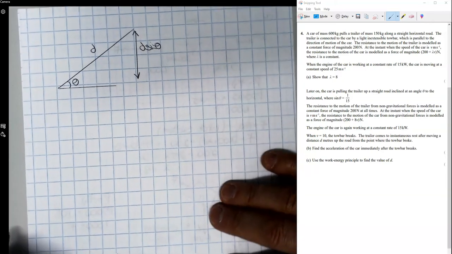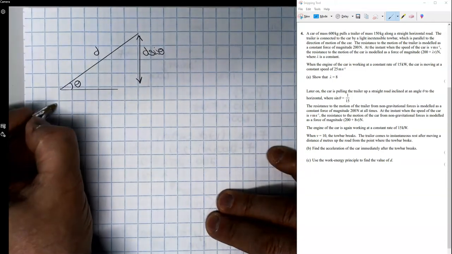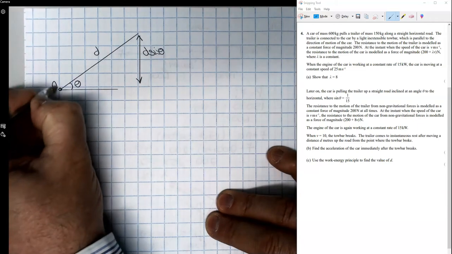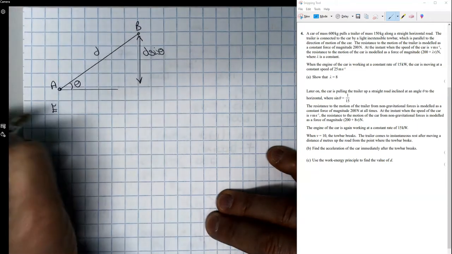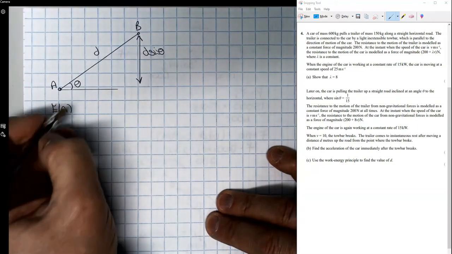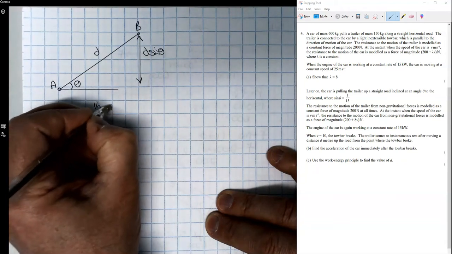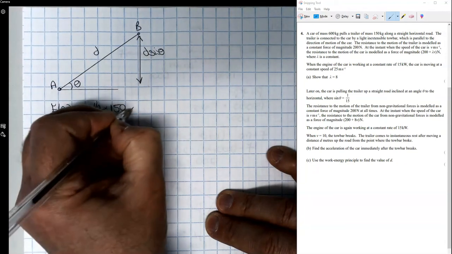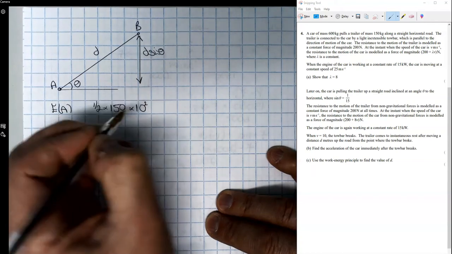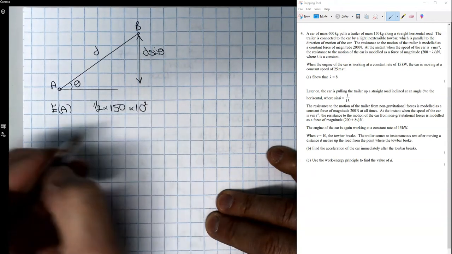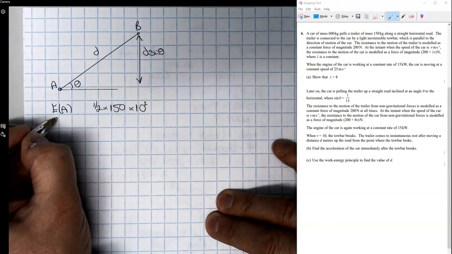So energy at the start, I put A and B. Energy at A, we've got a half mass times velocity squared, and we've got no gravitational potential energy.